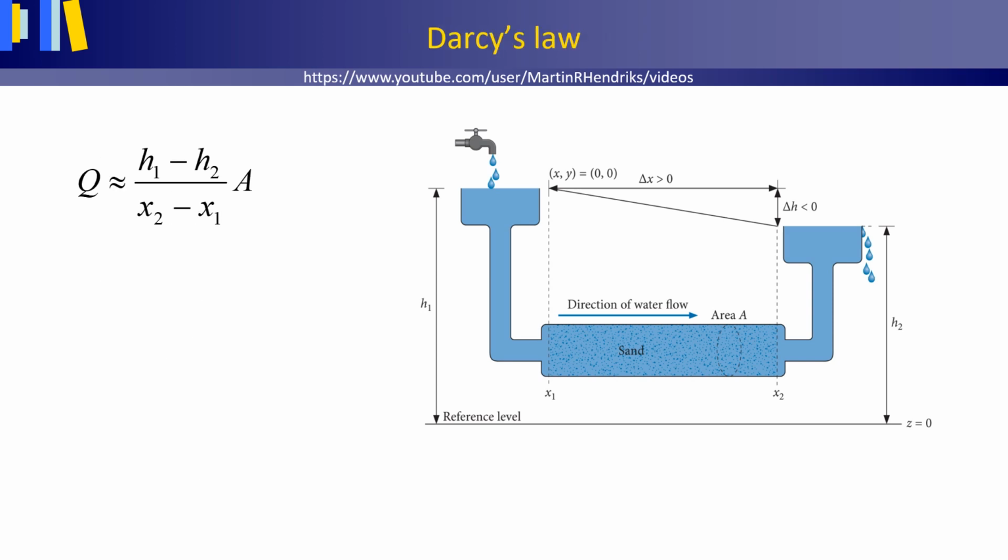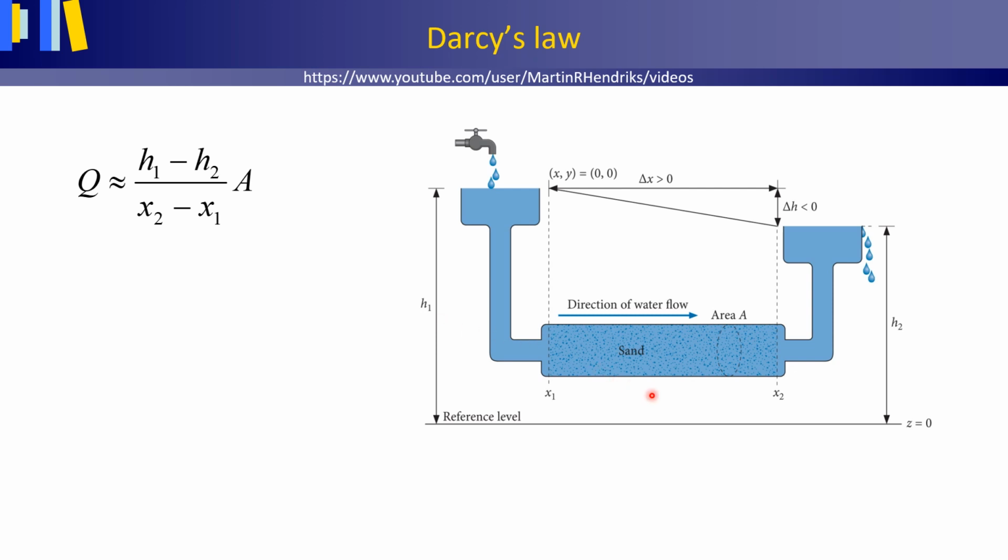Here we have the relation again, but it's not looking very neat, because here I have a term with 1 minus a term with 2, and here it's the other way around. The difference in hydraulic head delta H over the cylinder length is defined as the hydraulic head at the water receiving end, H2, minus the hydraulic head at the water dispatching end, H1, and not the other way around.